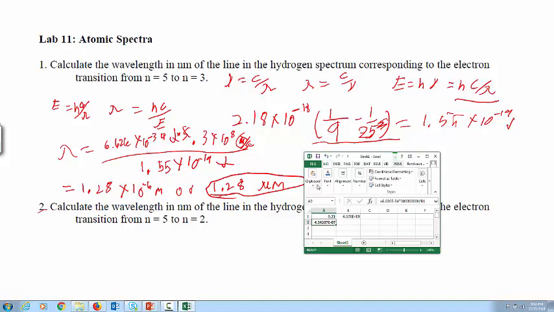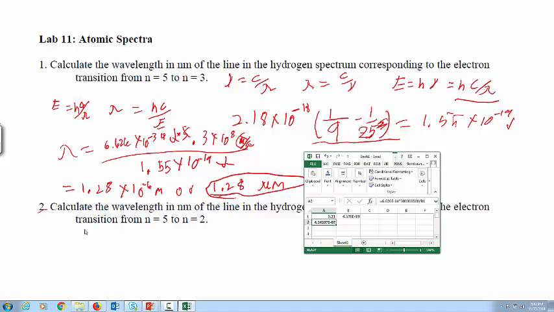Get a much bigger number here, 4.58 times 10 to the negative 19th, and when you do that, you get 4.34 times 10 to the negative 7th, or 434 nanometers. That would be blue-green light.